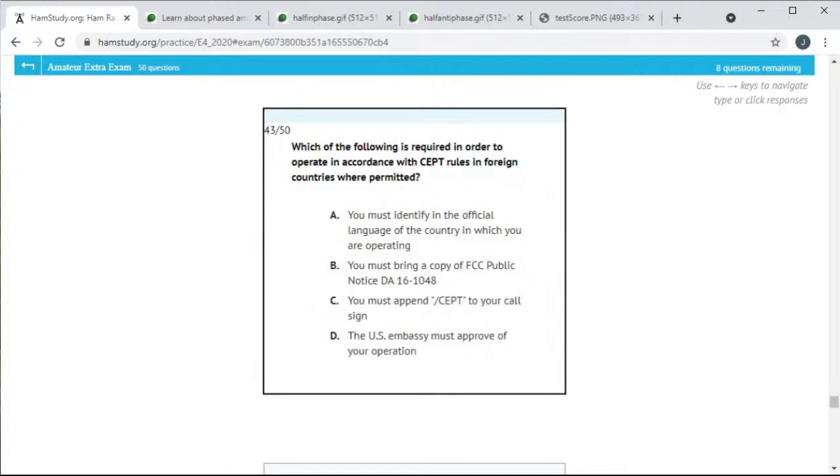Which of the following is required in order to operate in accordance with STA rules in a foreign country where permitted? A, you must identify in the official language of that country. B, you must bring a copy of FCC Public Notice DA 16-1048. C, you must append /STA to your call sign. D, the U.S. Embassy must approve your operation.